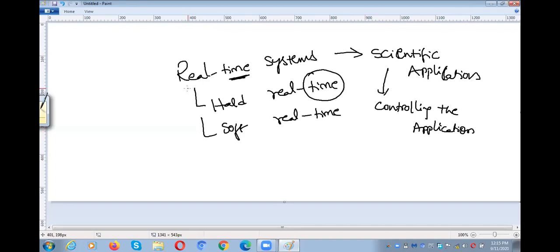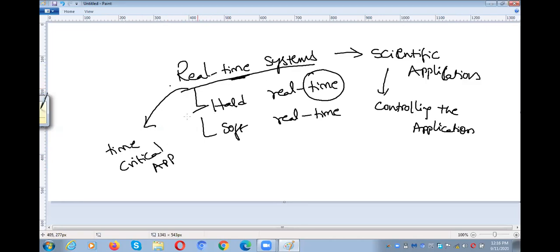Real-time applications are best suited for time-critical applications, where on-time execution is very much important. Rigid time applications. For those applications, we go for real-time systems, where executing that particular instruction on time is very crucial.